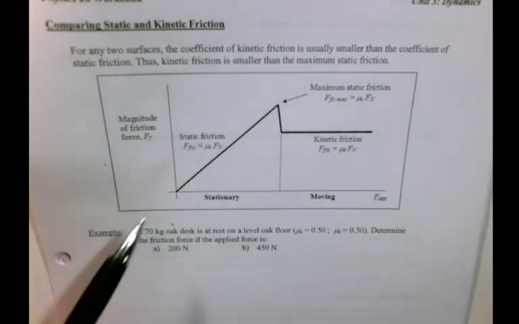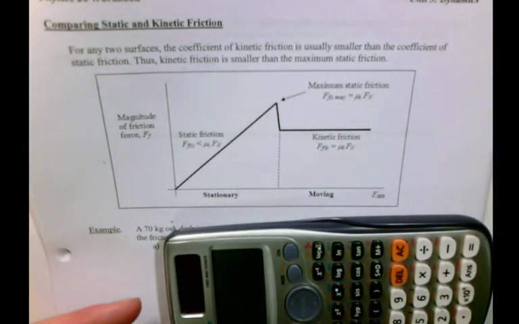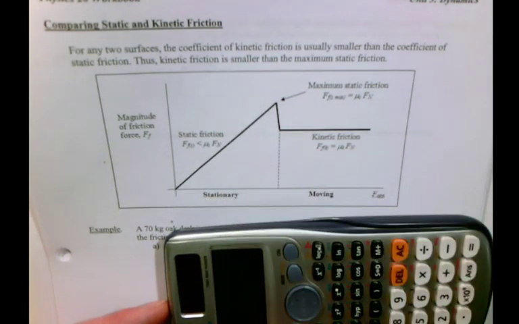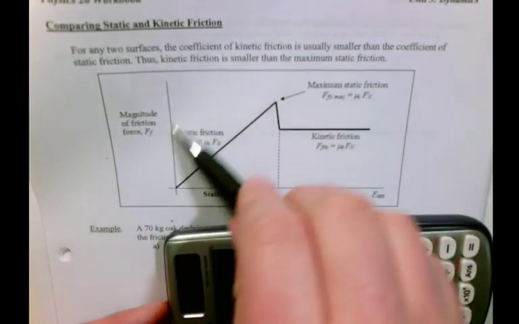So here I'm not pushing at all, right? We'll think about the calculator in my finger. I'm not pushing at all, and then I start to add pressure, and as I keep pushing harder and harder, I'm climbing up this graph. Notice that the calculator still isn't moving, and I'm applying more and more force.